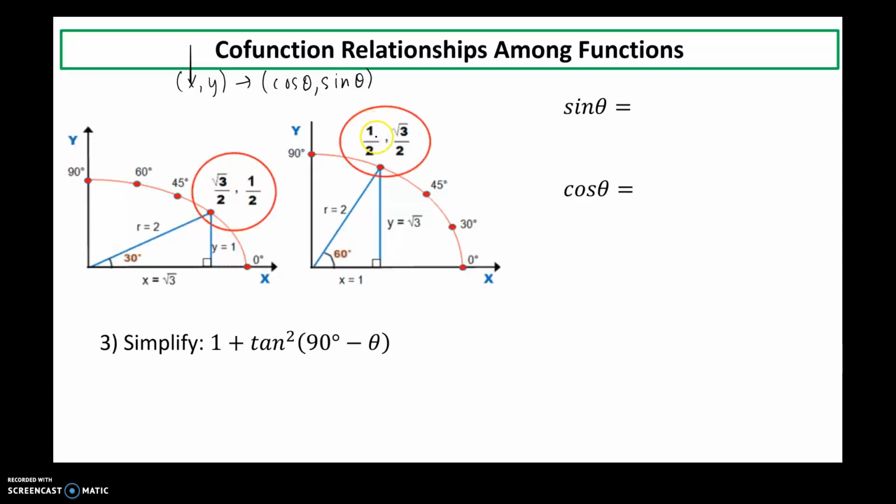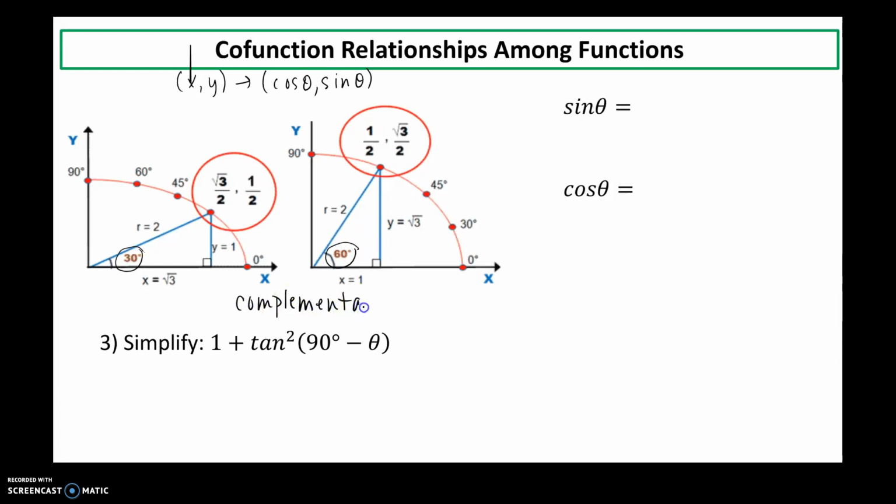Now the cosine of 60 degrees is a half, and the sine of 60 degrees is square root of 3 over 2. So notice that they're the same values, but they change between cosine and sine when my angle measure is different. Not only that, look at the relationship of these angle measures. They're complements of each other.